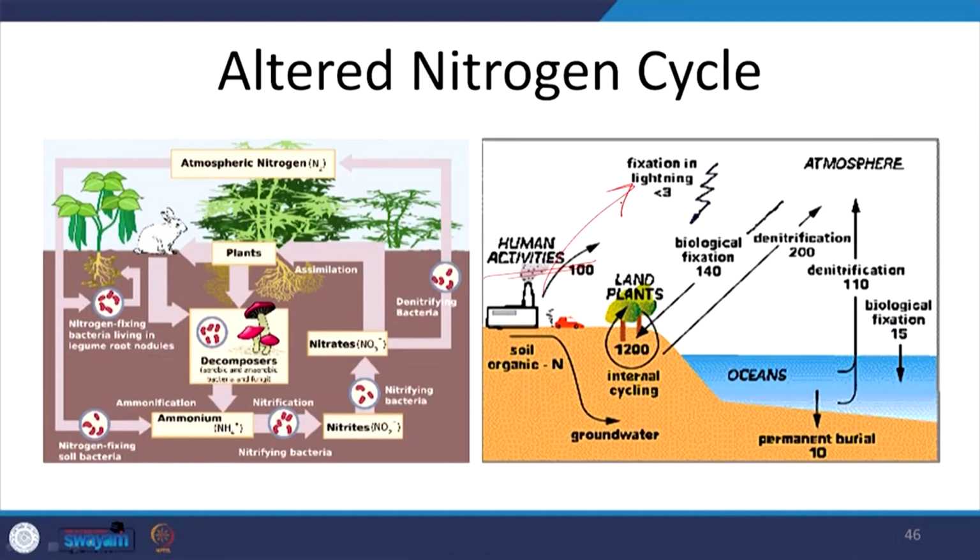Also because of emissions from human activities, for example, cement industries, huge industries which directly emit, a lot of nitrogen is released because it gets fixed. So we have more nitrogen in the atmosphere than what is fixed underground, taken up by plants and utilized. The nitrogen cycle is totally altered, and there are severe impacts of this altered nitrogen cycle.